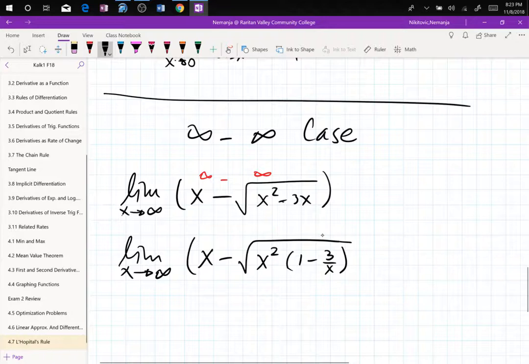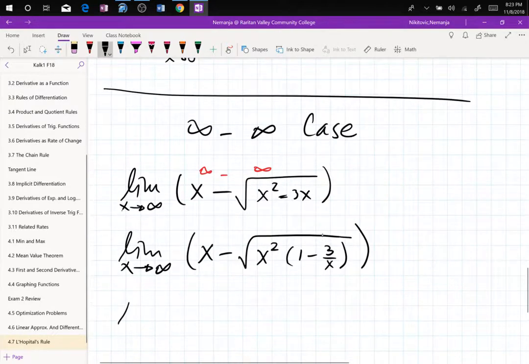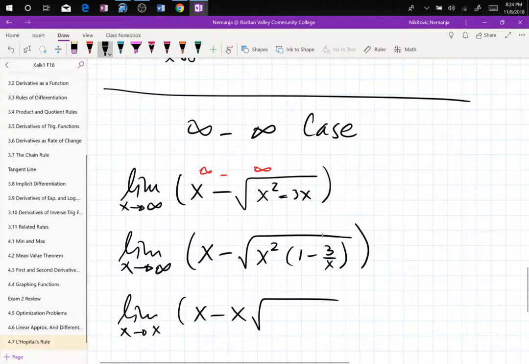I understand that there's no x squared here, but you can force it. It's okay. Now this x squared can go in front as x, because the square root of x squared is just x. So now we have x minus x times the square root of 1 minus 3 over x.